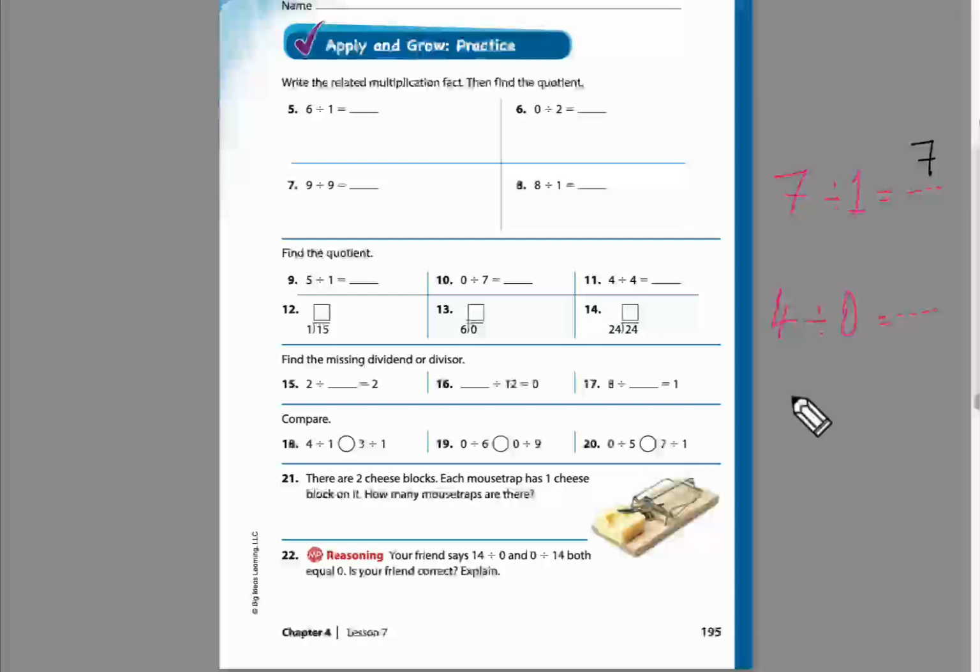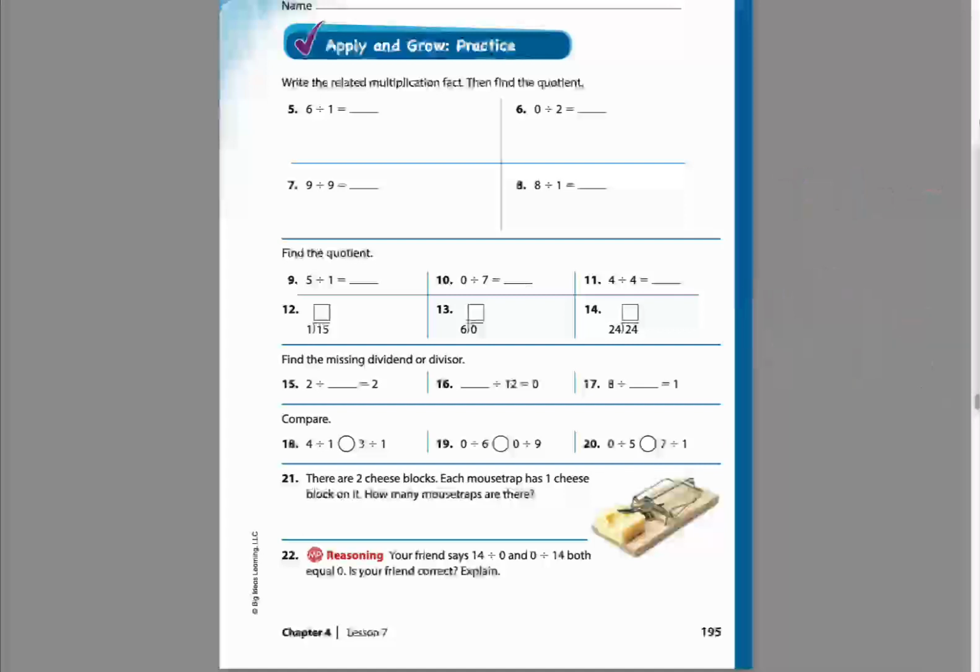You cannot divide by 0. Excellent. We cannot divide by 0. So this one cannot be done. Thank you, Ahmed. You cannot divide by 0.